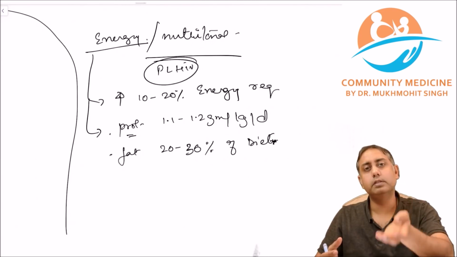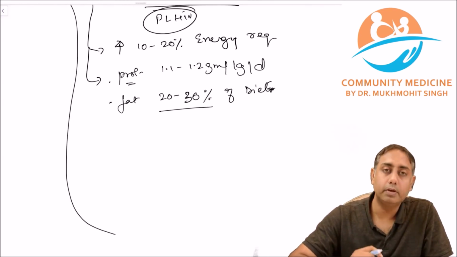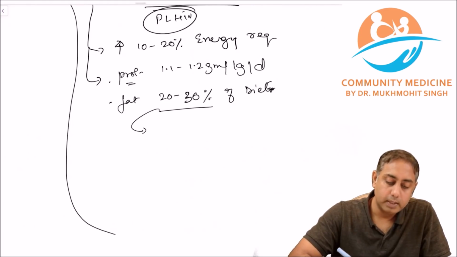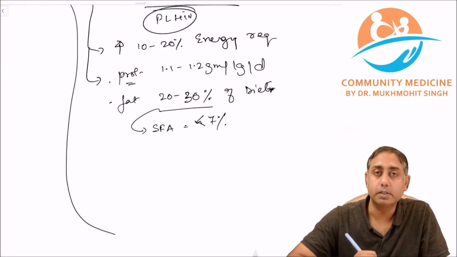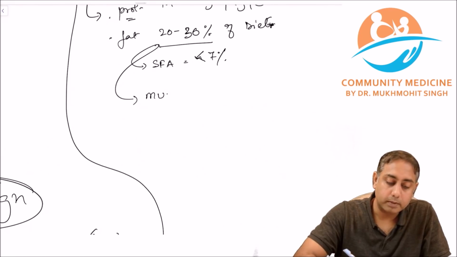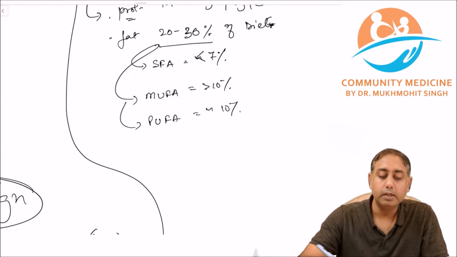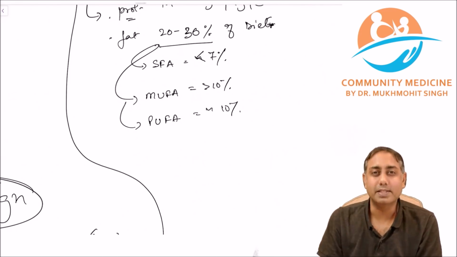So in PL-HIVs there's a slightly higher amount of fat intake, 20 to 30%. Out of this, saturated fats should be around 7% or less than 7%. The unsaturated component, that is the MUFA, should be more than 10%, and the PUFAs, polyunsaturated fat, should be roughly around 10%. So that comes out to be 25 to 27%.